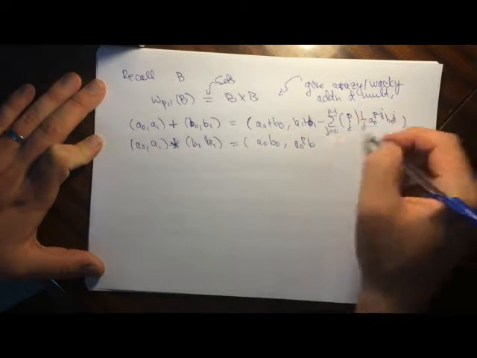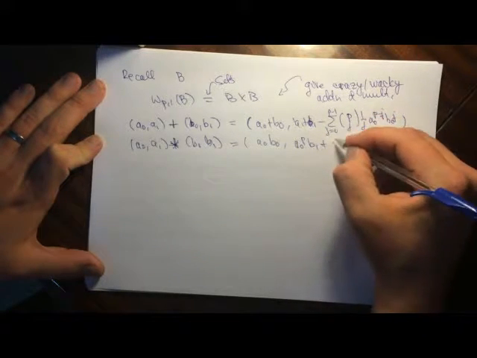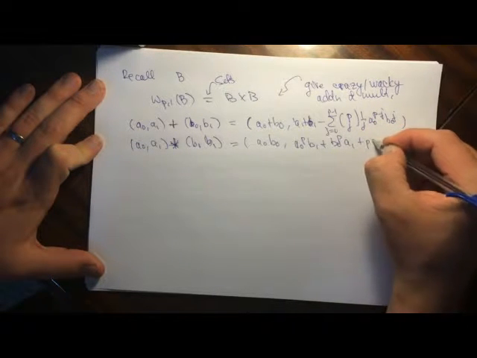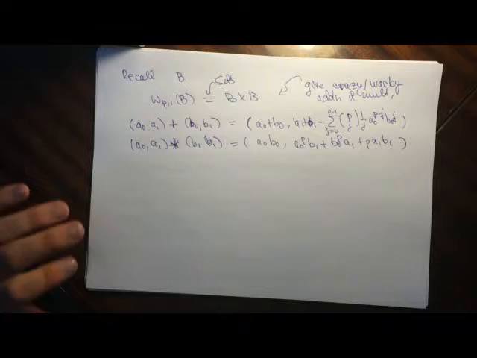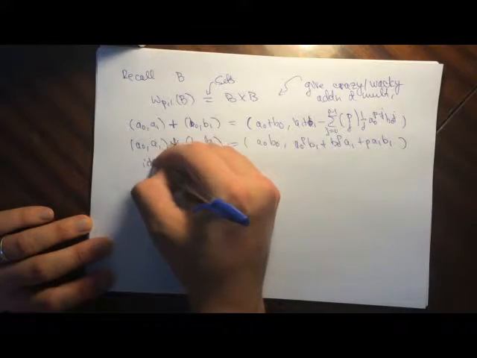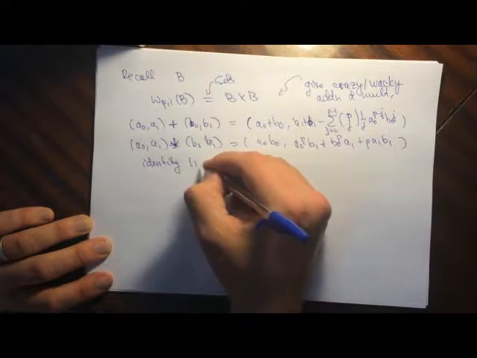So this is the crazy rule in the second component. For multiplication, it's b0^p a1 + a0^p b1 + p a1 b1. These are the two things. Then the identity is just (1, 0).